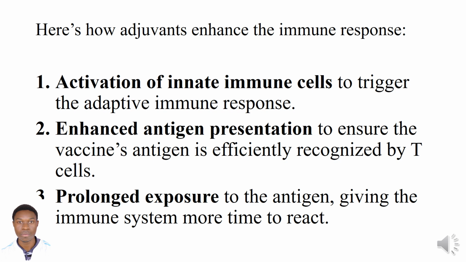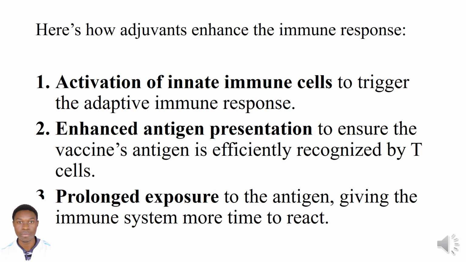Again, by the activation of T cells, where once antigen presenting cells process the antigen, they present small fragments or peptides of the antigen on major histocompatibility complex molecules on their surface.